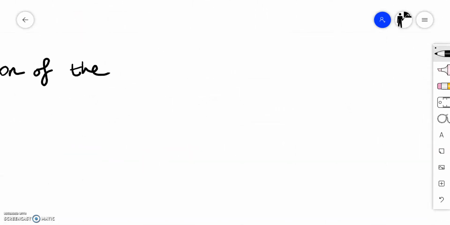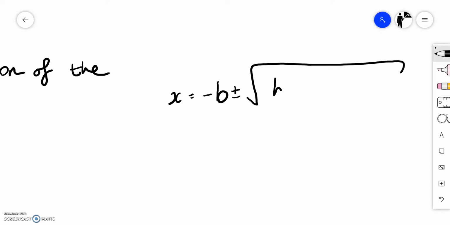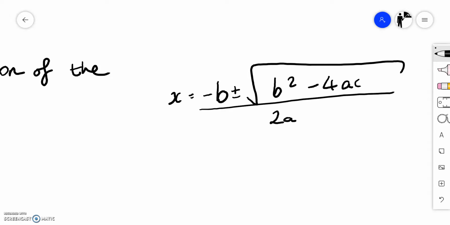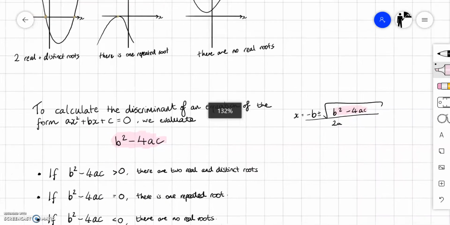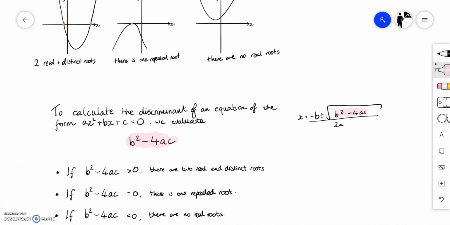What is given to you in your formula list is the quadratic equation. I'm just going to write down the quadratic equation here. You would use this if it asked you to solve an equation to, for example, 2 decimal places. And hopefully you see that as part of the quadratic equation that you are given, it technically has the discriminant calculation within there.